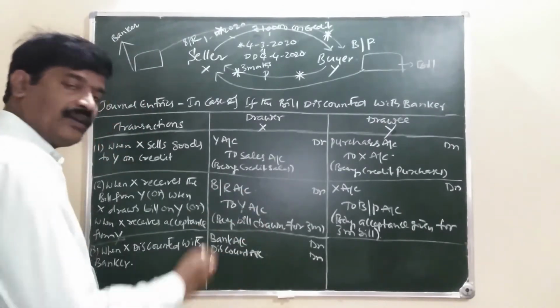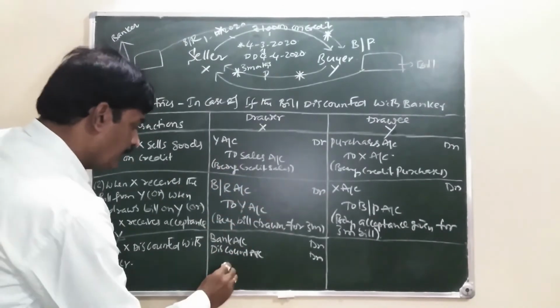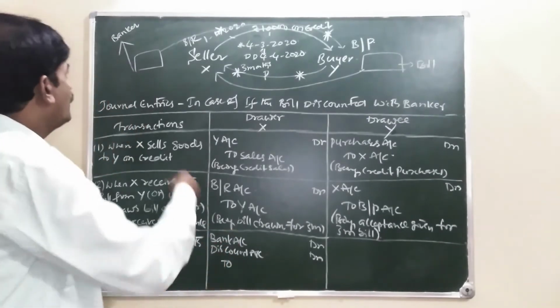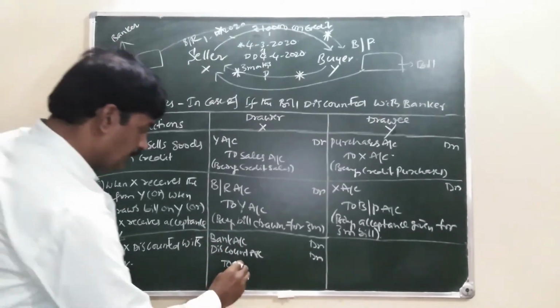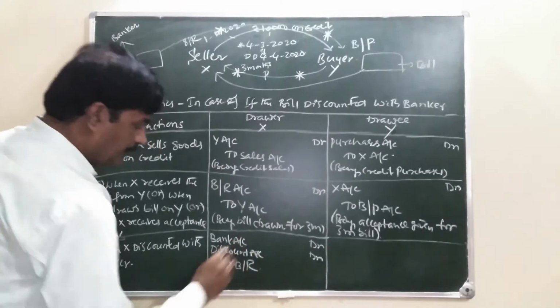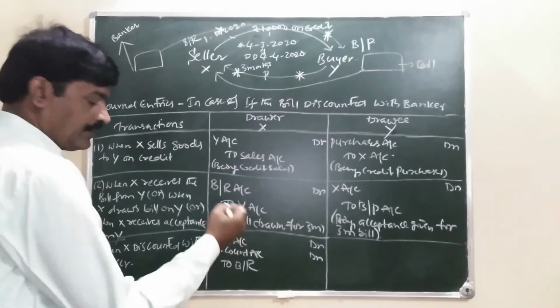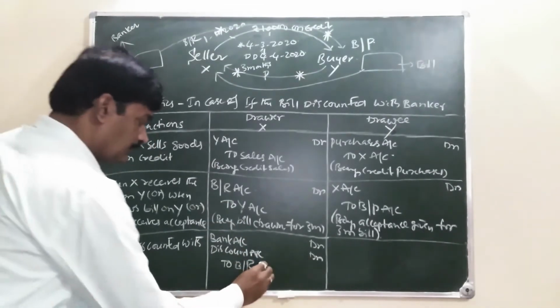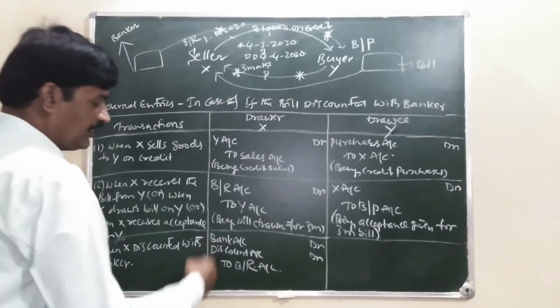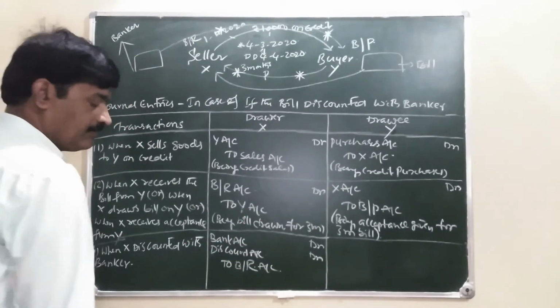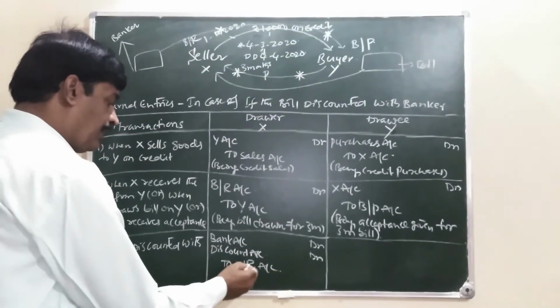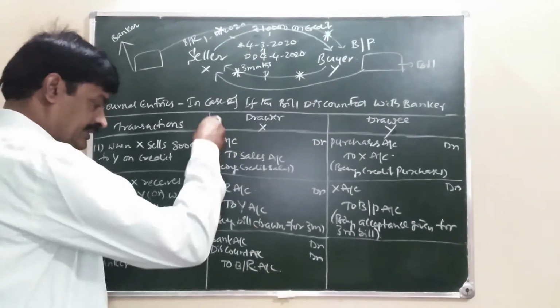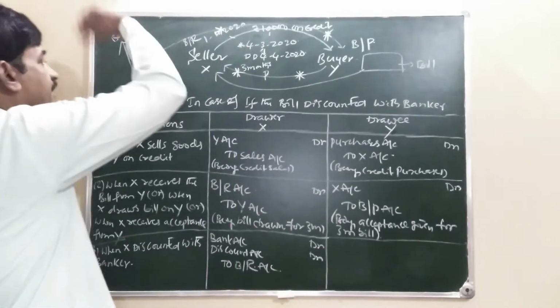Discount is a loss. Loss is debited. To, what goes out? Bill goes out. Bills receivable account. Bills receivable is an asset. Our asset is decreasing because we are selling.